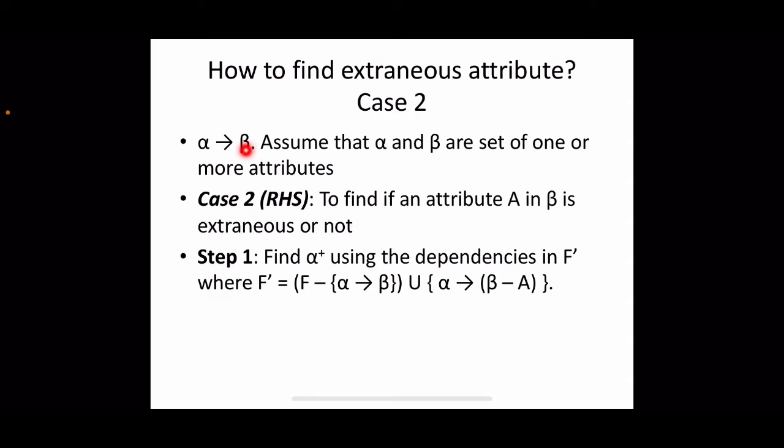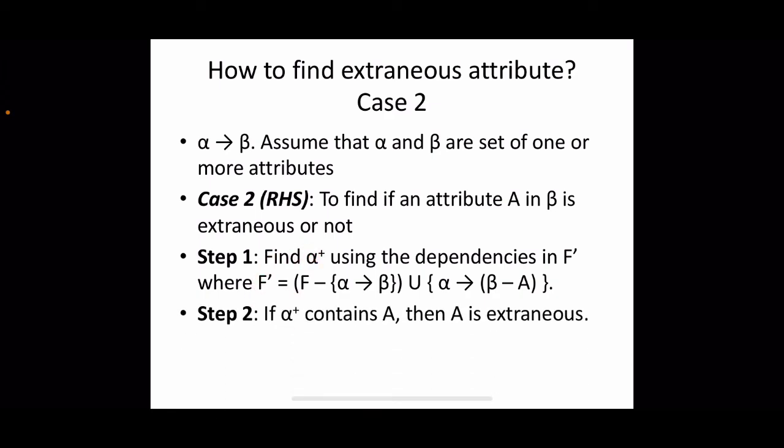That is, we are removing the extraneous attribute A. That will be removed from this beta and the corresponding dependency will be added. Alpha determines beta minus A. Such a dependency set, we have to find the alpha closure with respect to this F dash.